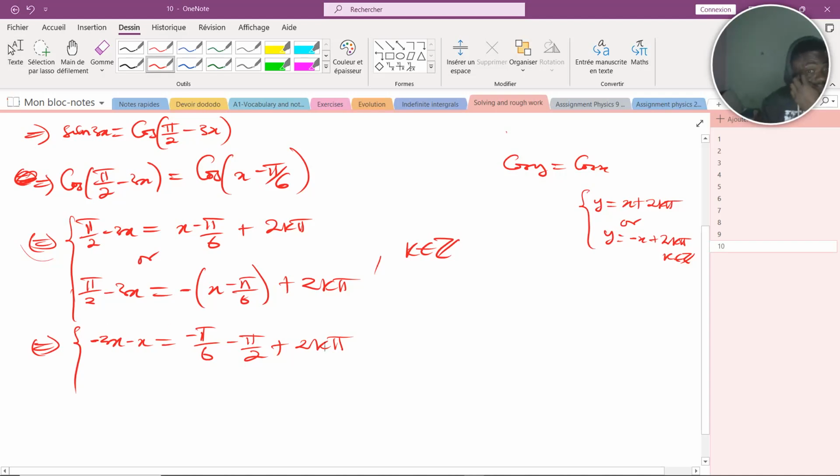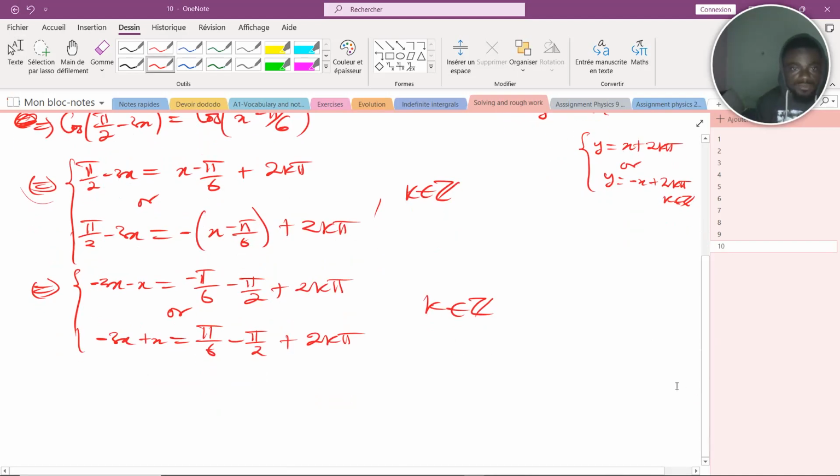Or, for the second one, when the minus x comes here, we're going to have minus 3x plus x being equal to pi on 6 minus pi on 2 plus 2k pi, with k belonging to the set of integers. Is that okay?